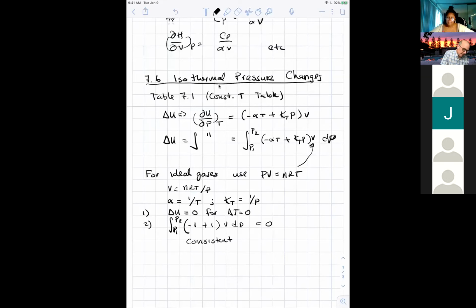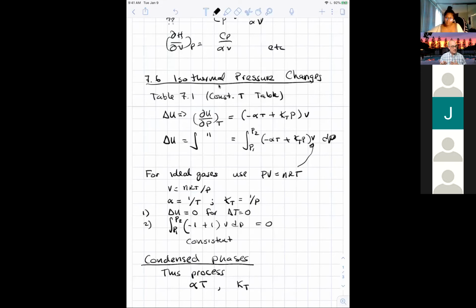Okay, let's now talk about condensed phases. Condensed phases, in some sense, are harder. In some sense, they're easier. But for condensed phases, if we want to look at this process, we have these two measurables that matter in this integral, right?